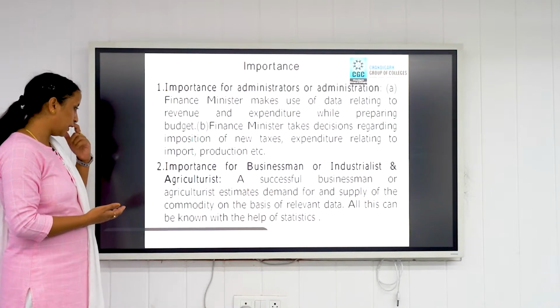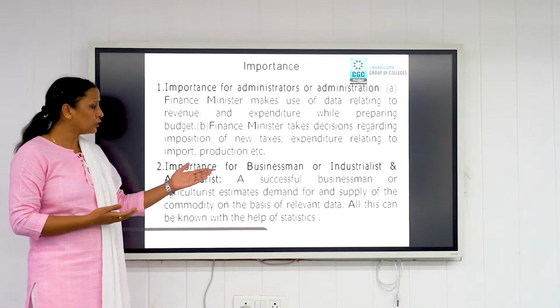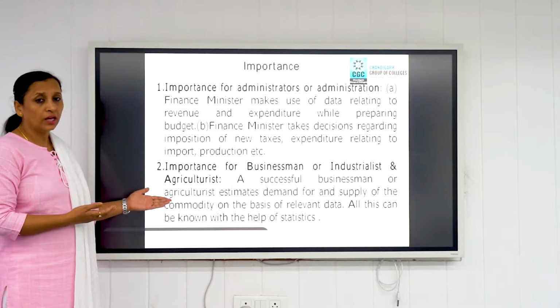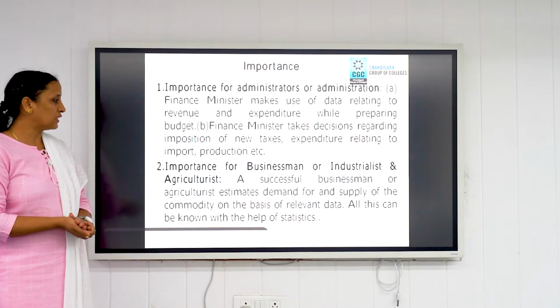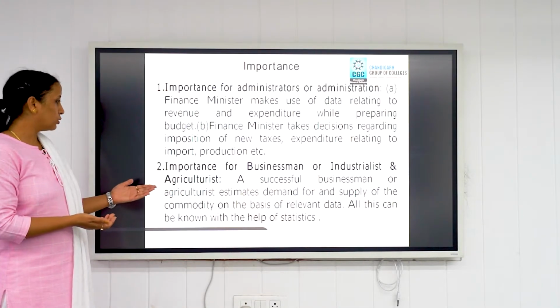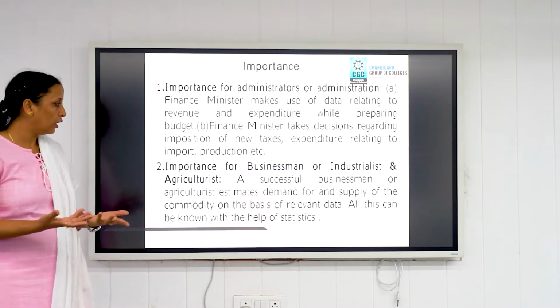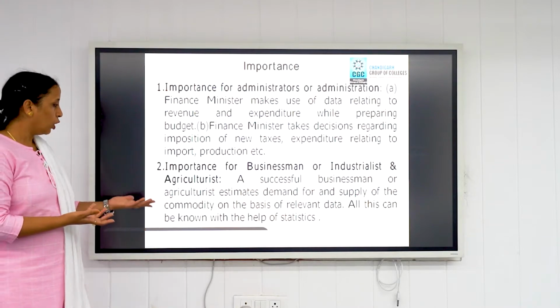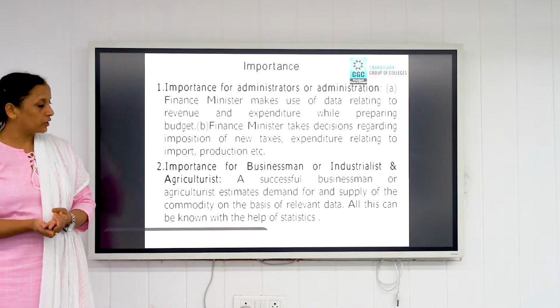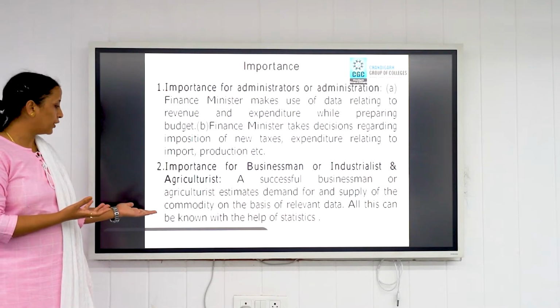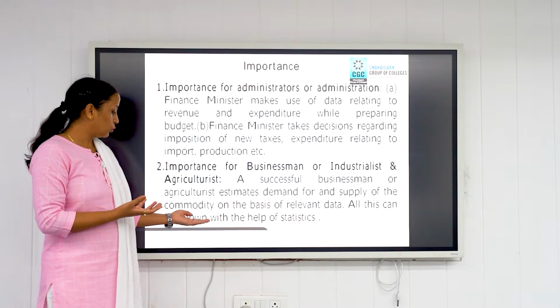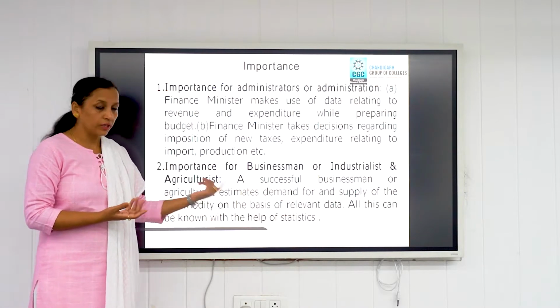Then the second one is the importance for business, industry, or the agriculturist. A successful businessman or agriculturist estimates demand or supply for a particular commodity on the basis of the relevant data, and we can represent that data with the help of statistics.